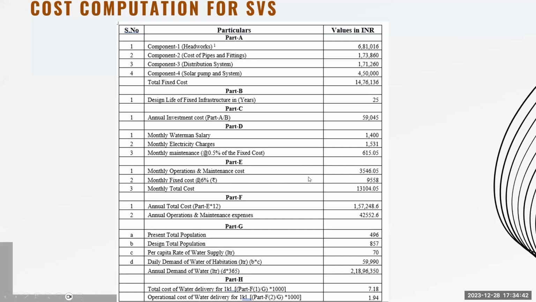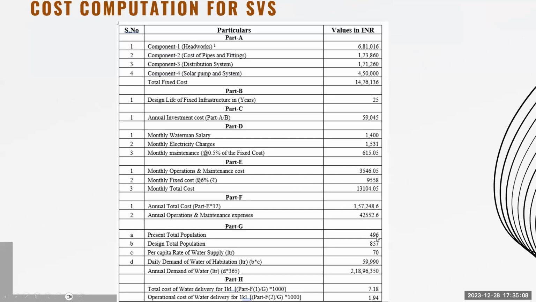So now one can get into annual total cost, which is the summation of the annual fixed cost and the annual operational cost, which is about 1,57,248. And this is what the annual operation and maintenance cost is.